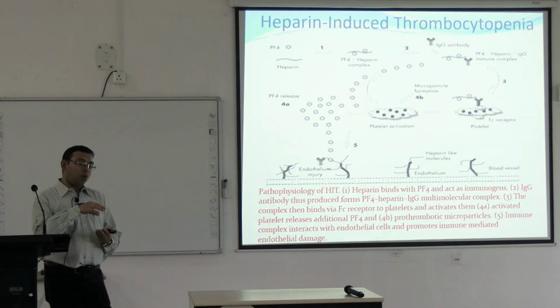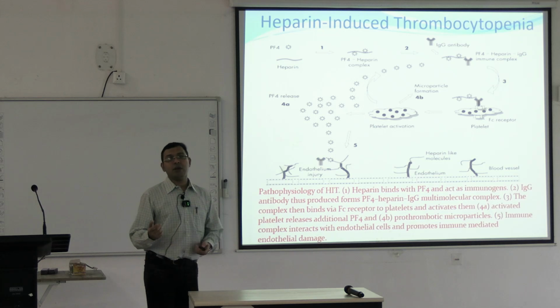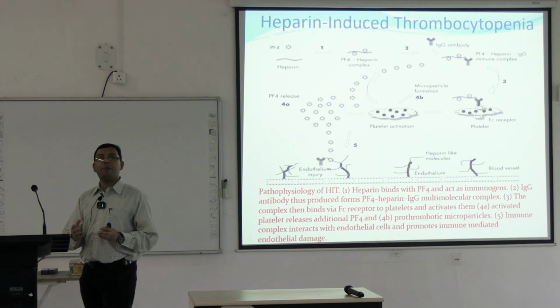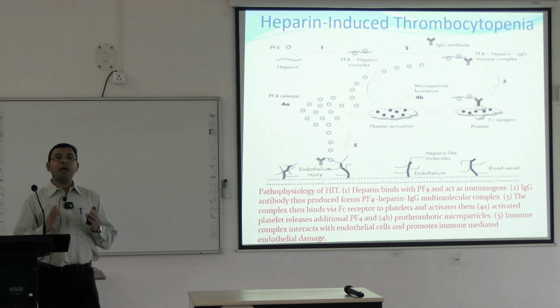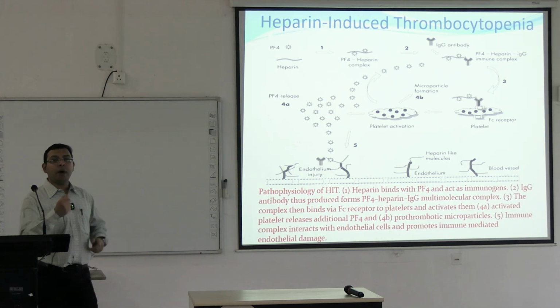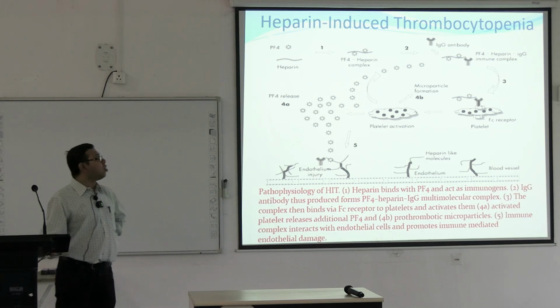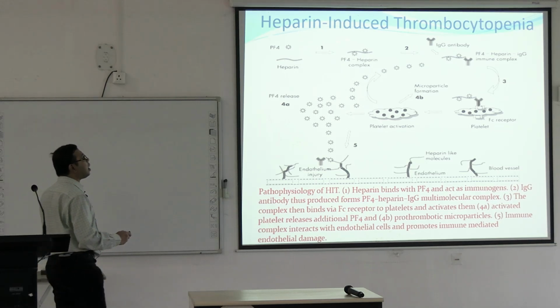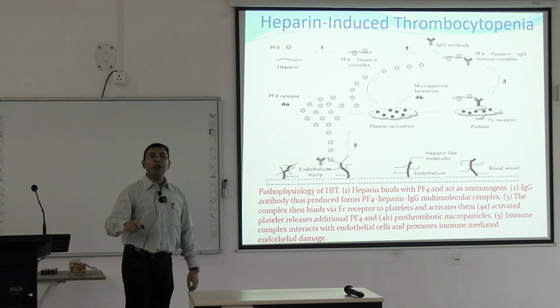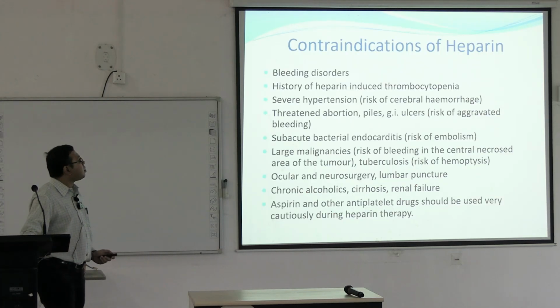When it attaches with the endothelium, there will be endothelial breakage, and then again the clumping and clotting factors come forward to form the blockade. Ultimately there will be thrombus formation. This is known as heparin-induced thrombocytopenia with thrombosis, HITT.